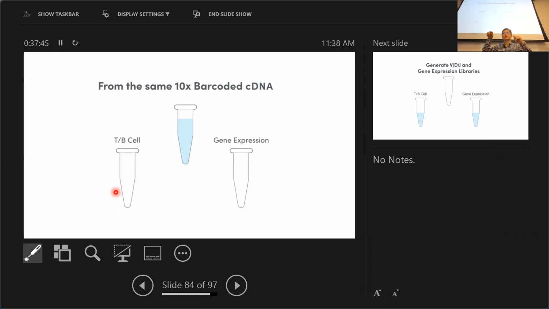All the mRNA is supposed to have been labeled with its barcode. Now we separate this sample into 2. The cells have already been broken, and run PCR. On your right side, run PCR for the whole gene. While on your left side, only run the PCR for T cell receptor genes.